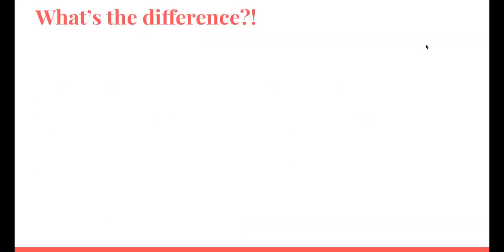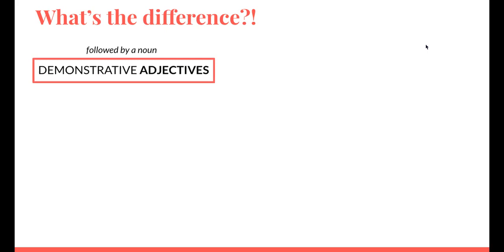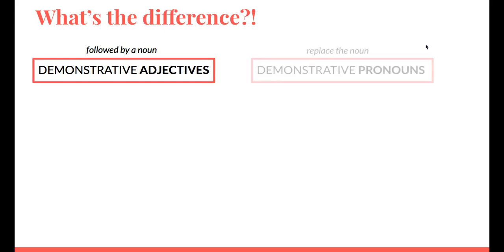You're probably a little grumpy right now and wondering what's the difference between these things? Why do I care? So, demonstrative adjectives, the green, blue, and purple ones, are followed by a noun, whereas demonstrative pronouns replace the noun.